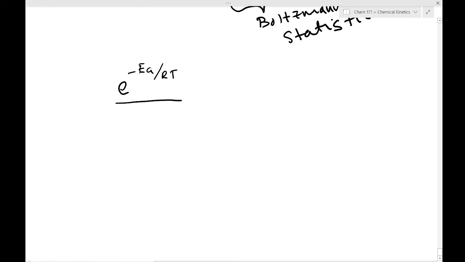This is an exponential factor, a statistical factor. What this actually gives us is a number between 0 and 1. It's essentially a probability, and it represents the fraction of molecules that have enough energy to make it over the activation barrier on a given approach.